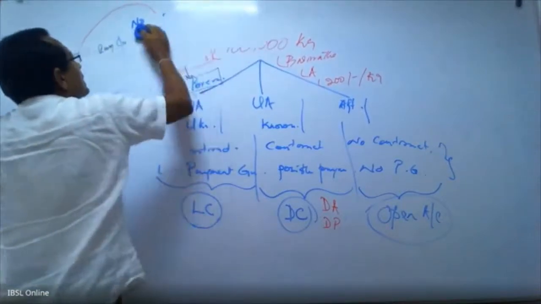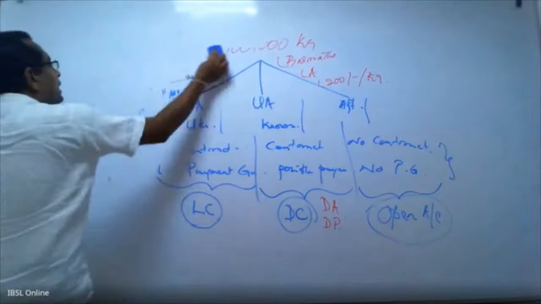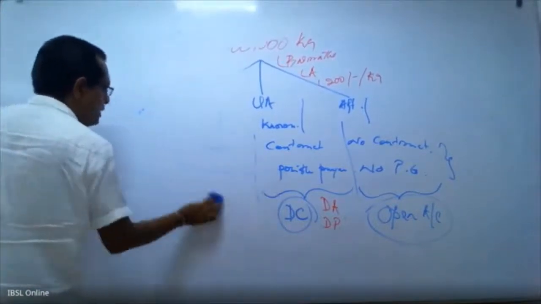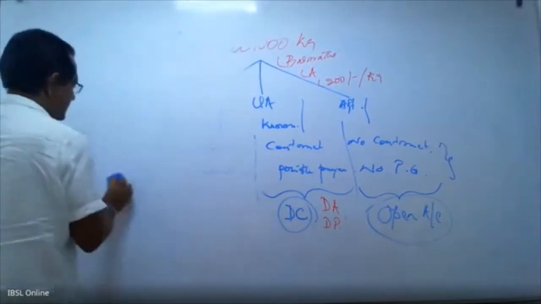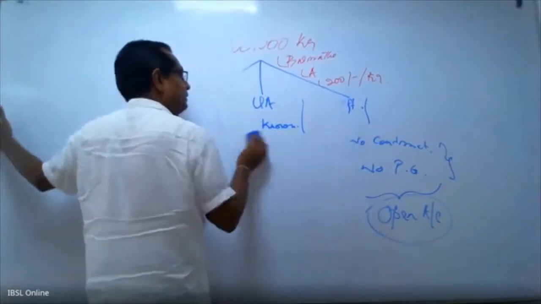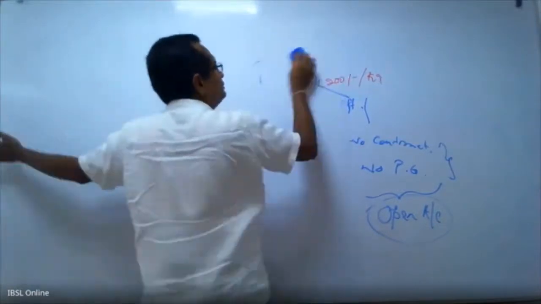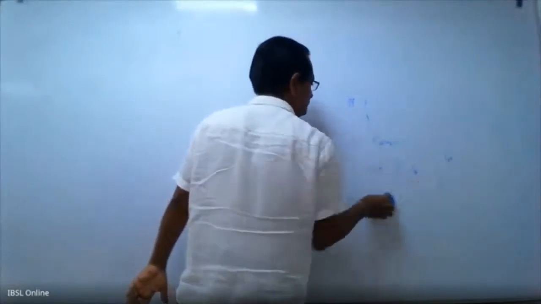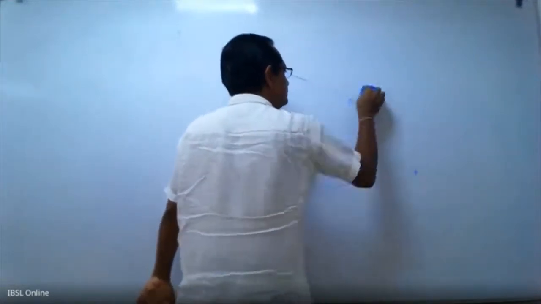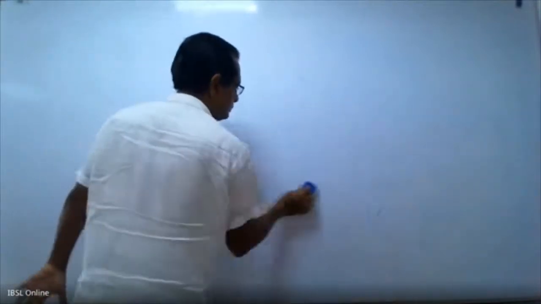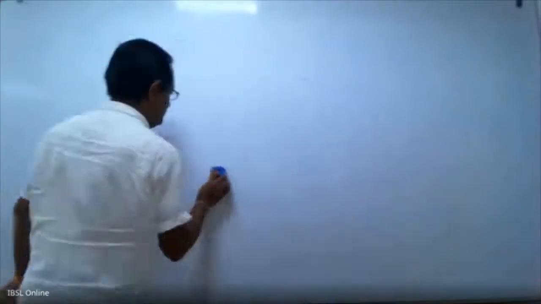When you are working out an LC limit for a customer, how do you work it out?